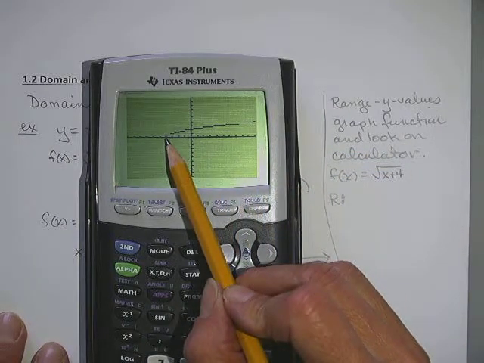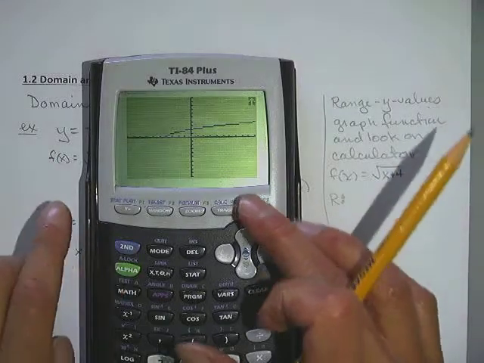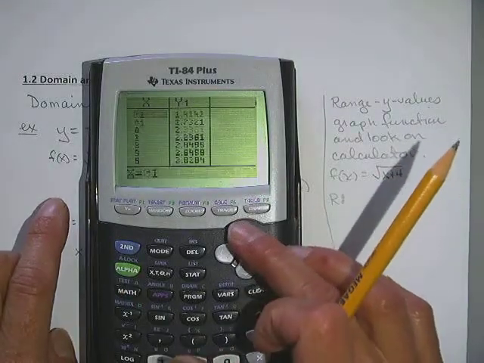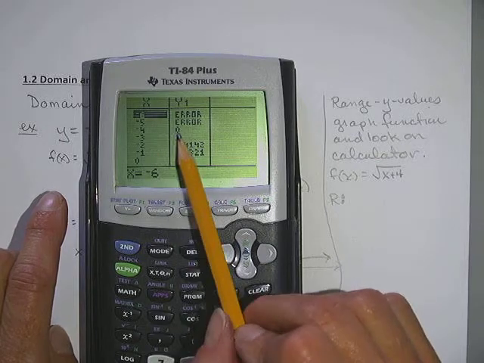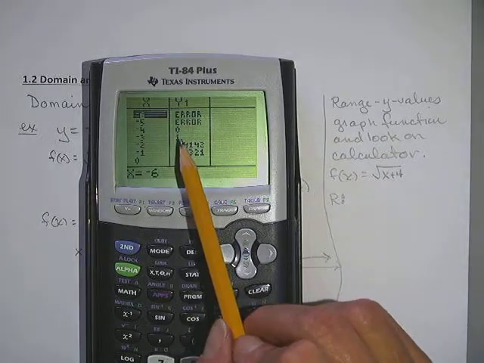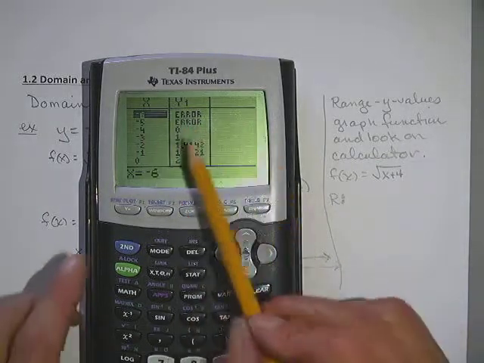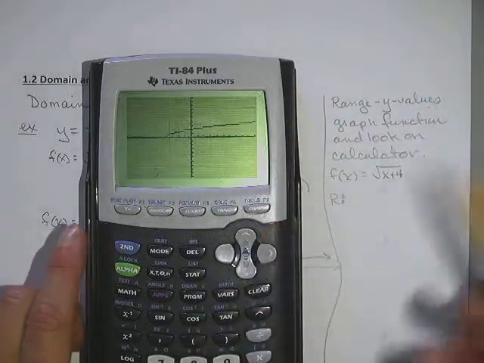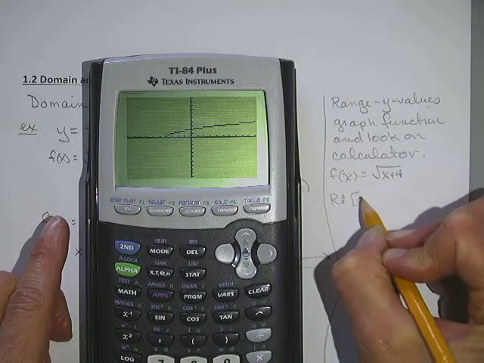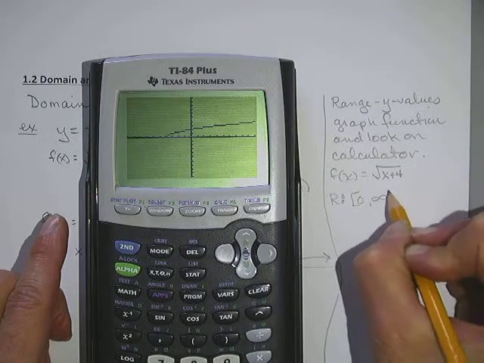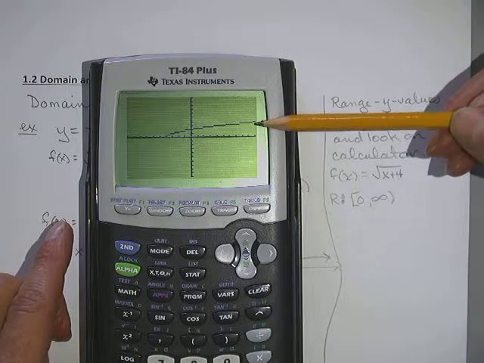Does it touch the x-axis? Yep. And if I go to my table, yep, right there, I've got that. Yep, that's from -4 on down, but you see that it does equal this. All right, so our range then is from 0 to infinity.